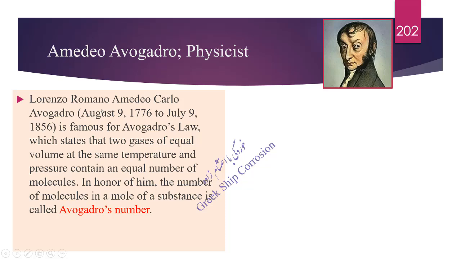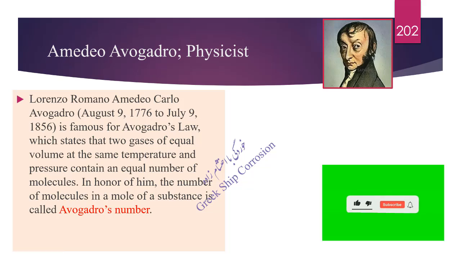Lorenzo Romano Amedeo Carlo Avogadro, 1776 to 1856, is famous for Avogadro's law, which states that two gases of equal volume at the same temperature and pressure contain an equal number of molecules. In honor of him, the number of molecules in a mole of a substance is called Avogadro's number.